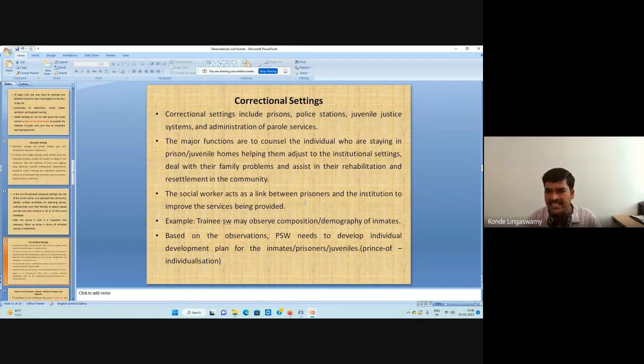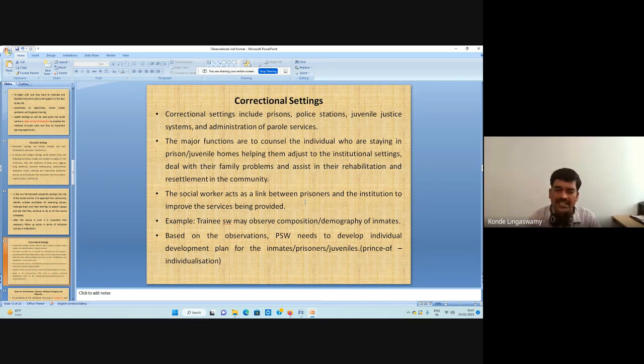The social worker helps them adjust to the institutional settings, deal with their family problems, and assist in their rehabilitation and resettlement in the community. The social worker acts as a link between prisoners and the institution to improve the services being provided.